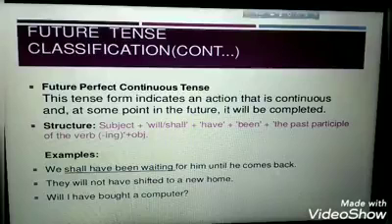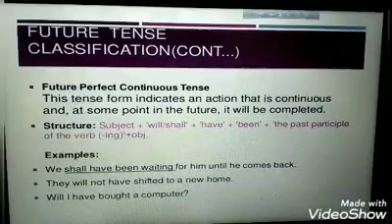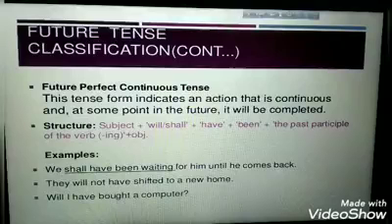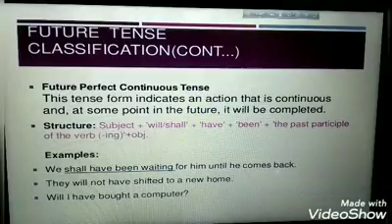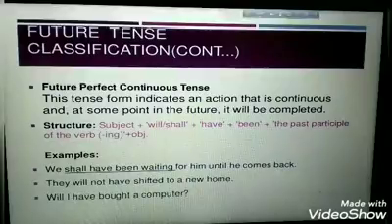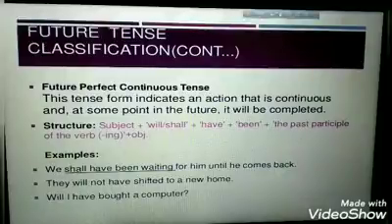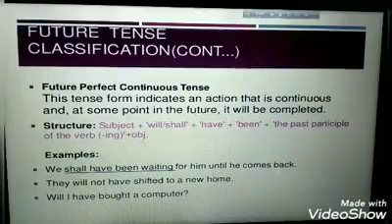And the final one is future perfect continuous tense. This tense form indicates an action that is continuous and at some point in the future it will be completed. Okay, that means it refers to an action that is continuous and at some point in the future it will be completed.